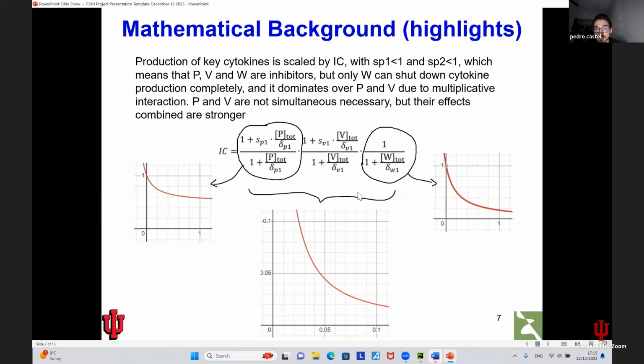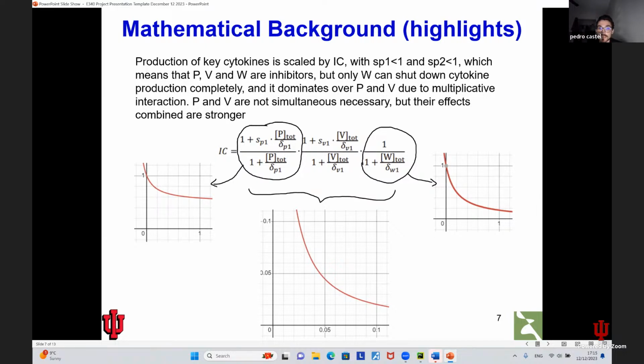The same happens to V. SV1 is also lower than 1. So as V increases, IC decreases until it reaches SV1. That's the idea. So they diminish the production and expression of certain cytokines, but they do not shut them down.